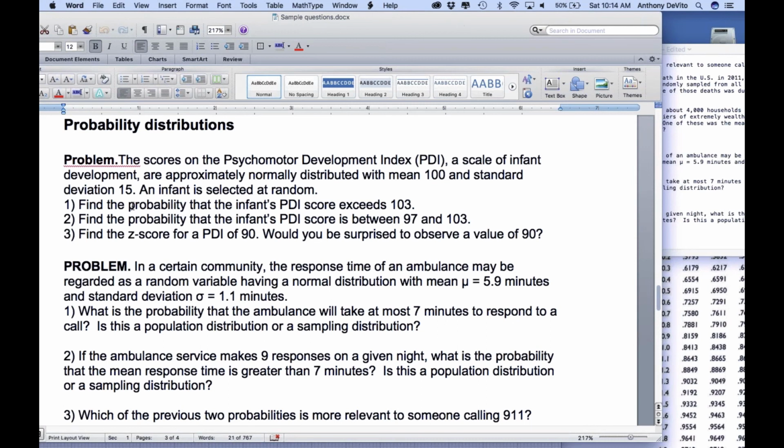First of all, the standard deviation is 15. The mean is 100. And we're looking for the probability that an infant's PDI score exceeds 103. So the difference between the mean and the value we're interested in, 103, is only 3, and the standard deviation is 15.